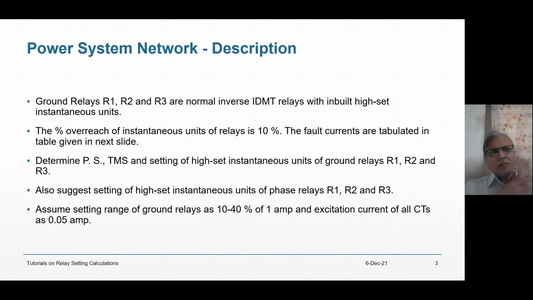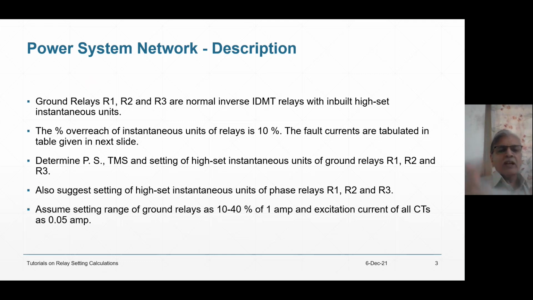This is the description of the numerical. We have ground relays R1, R2, R3, which are having normal inverse characteristic, and which is also having inbuilt high set instantaneous units. In tutorial 5, we had not high set units. Here we are adding that one more complication, high set units.